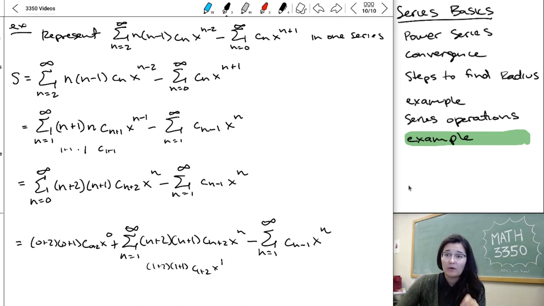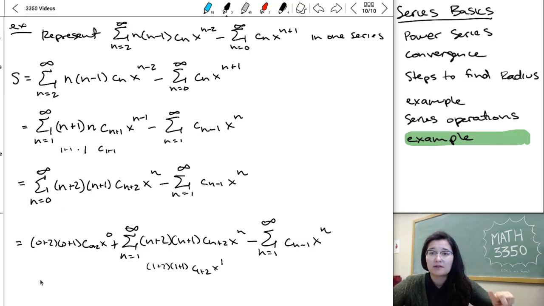But luckily, what I've written right here is exactly the same as my original series before I tried to change my index. So just like how we can expand a series to be all those different terms like we were showing when we were taking derivatives of y, if we have a series, we can break up the terms that don't quite fit the pattern that we need and the terms that start from the index that we do need.